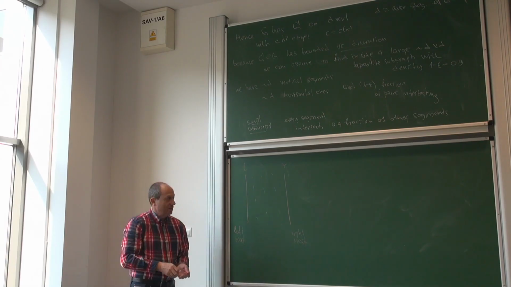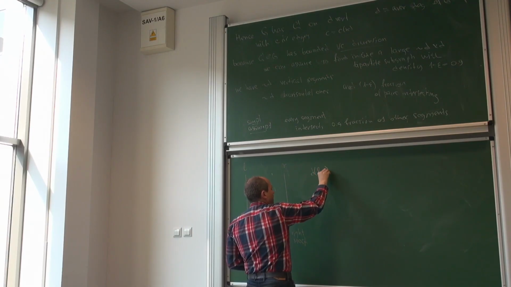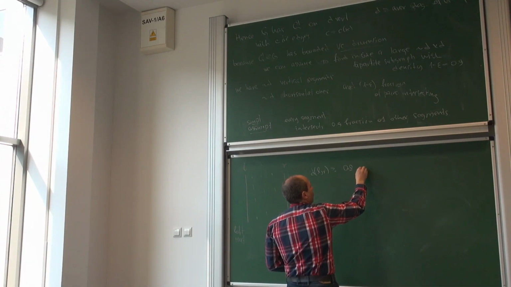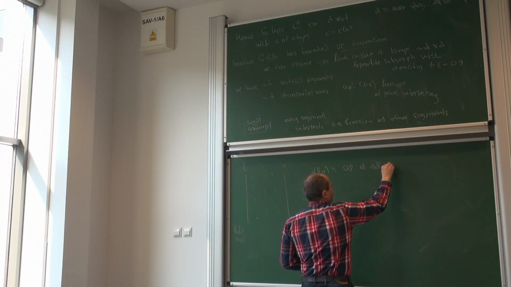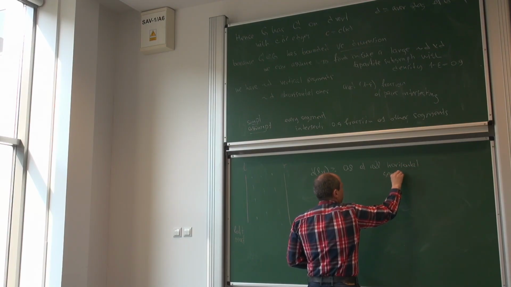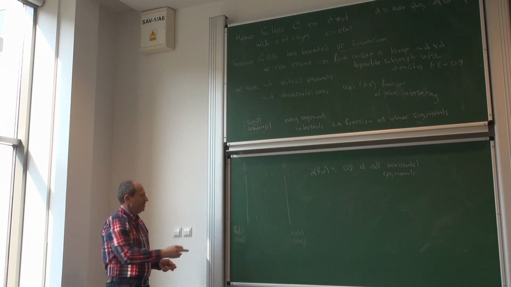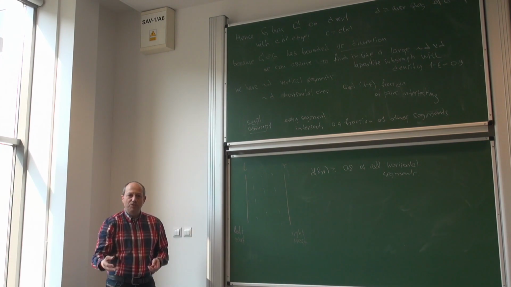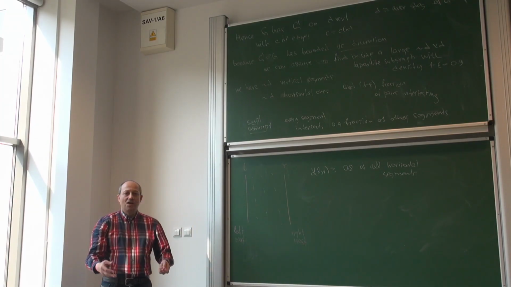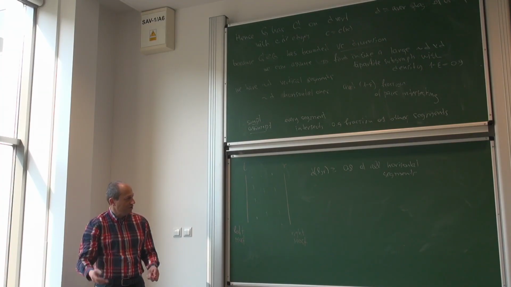Now observe that the common neighborhood of left and right is at least 0.8 of all horizontal segments. You agree that because this one intersects 90% of horizontal segments and this one intersects 90% of horizontal segments, the horizontal segments which intersect them both are at least 80%, so a majority, okay?